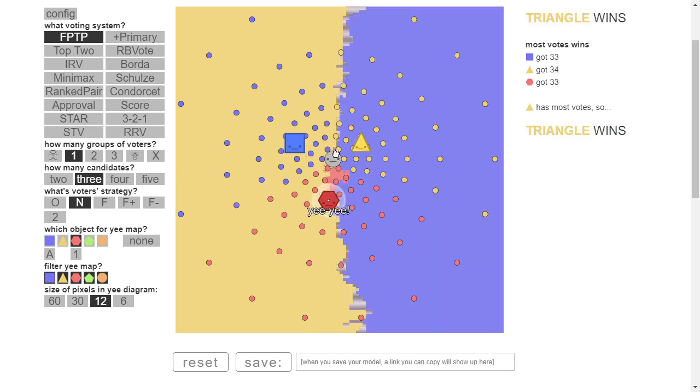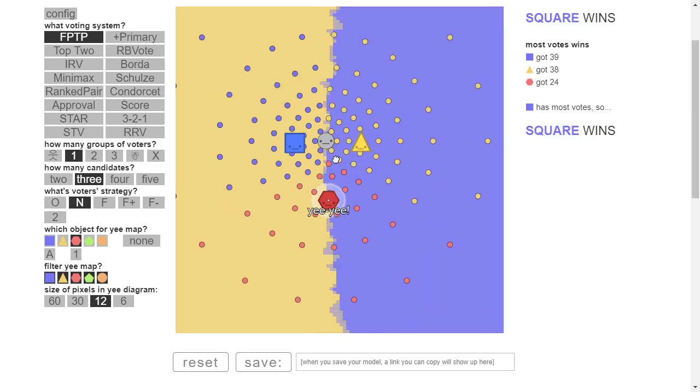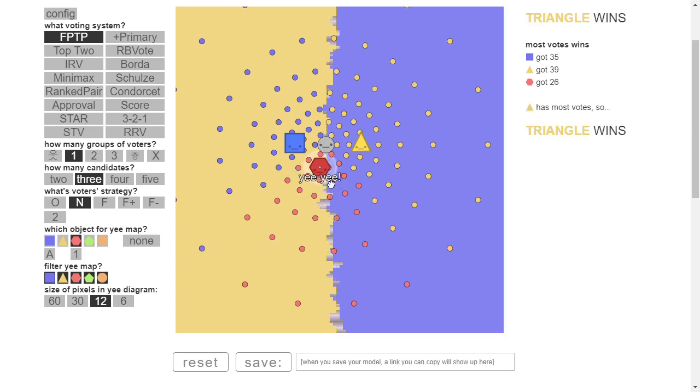I forgot to move these guys back. Okay. So red has no chance of winning, no matter where he goes. And what's even worse is that if red moves over to yellow, then he causes yellow to lose. Blue wins in this region. And vice versa. So red is spoiling the election for yellow.